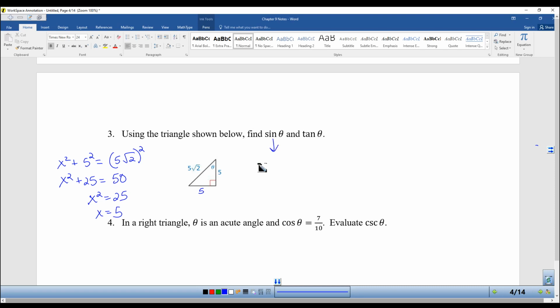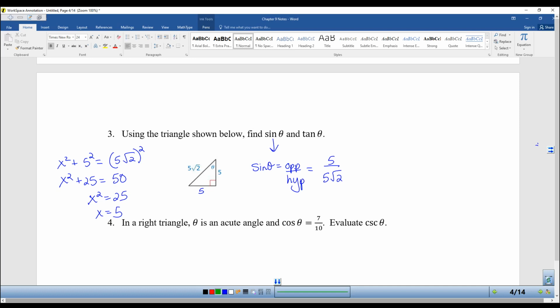So sine of theta, remember that sine of theta is opposite over adjacent, not opposite over adjacent, sorry, that's tangent, skipping ahead. Opposite over hypotenuse. So in this case, it's 5 over 5 square roots of 2.